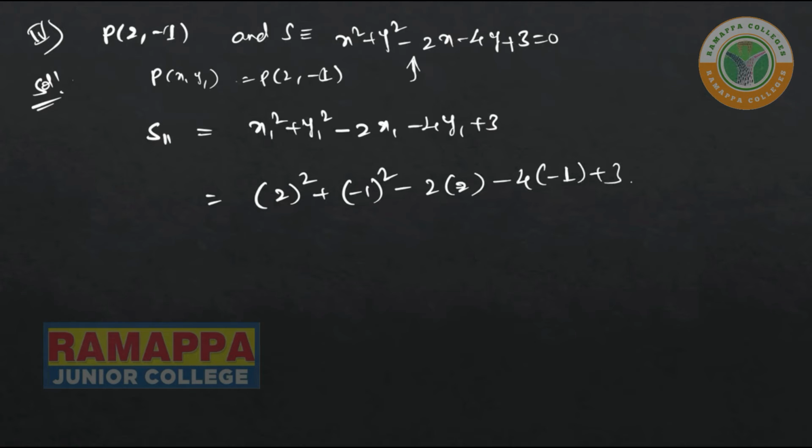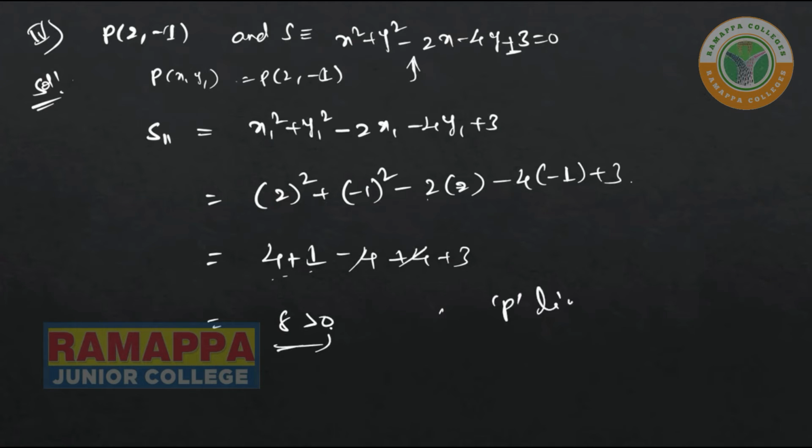So 4 plus 1, minus 4, plus 4, plus 3. The 4 and minus 4 will get cancelled, plus 5, plus 3 is 8. 8 is greater than 0, so P lies exterior of the circle. So this is the answer here.